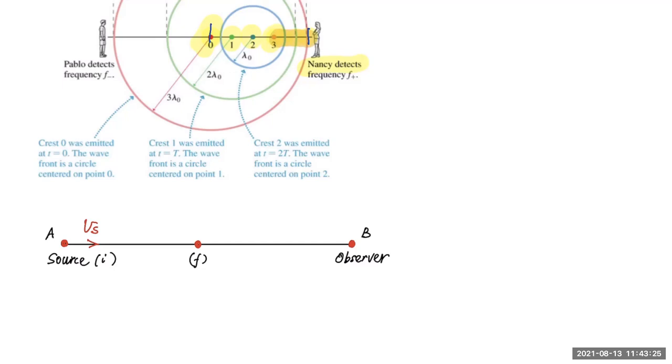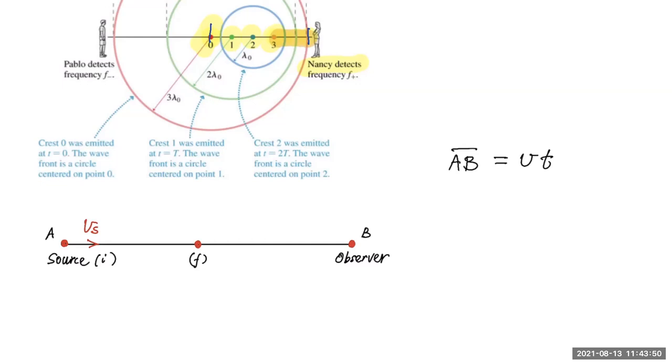Well, that depends on how fast the wave propagates. That speed v is the speed of sound. So the length AB would be equal to the speed of sound times the time it takes for the sound to travel from A to B.